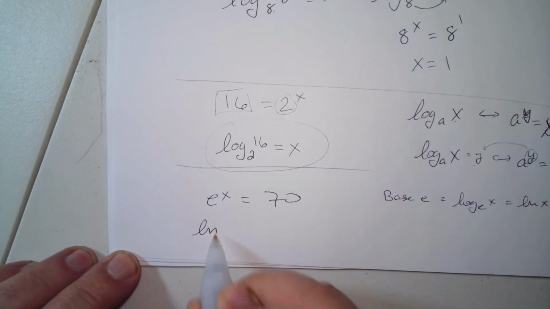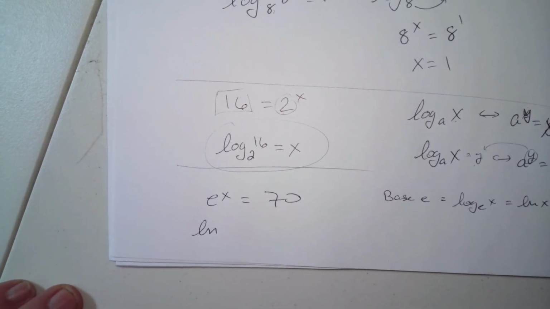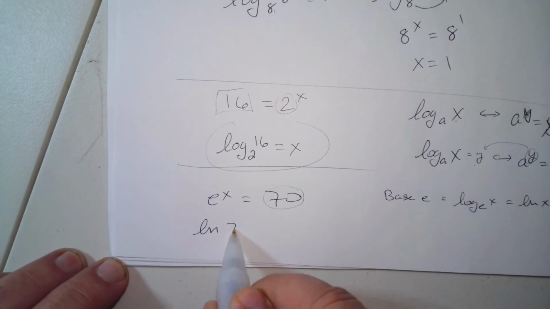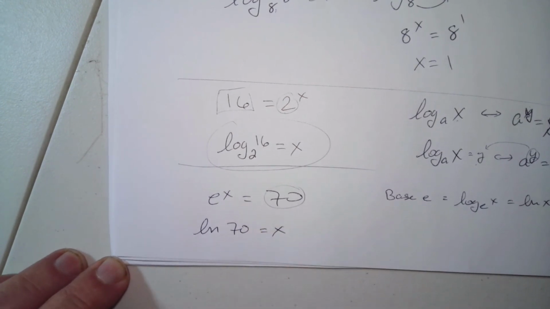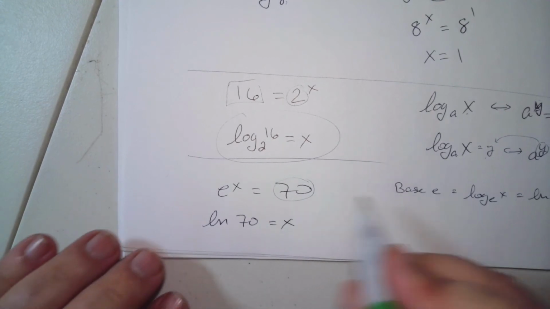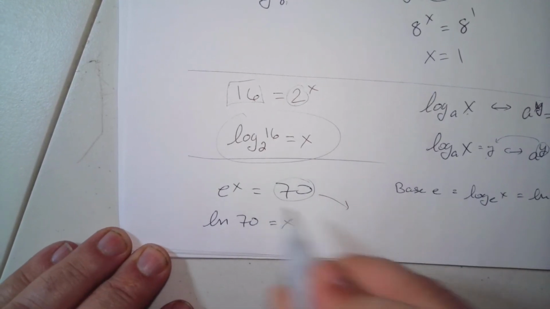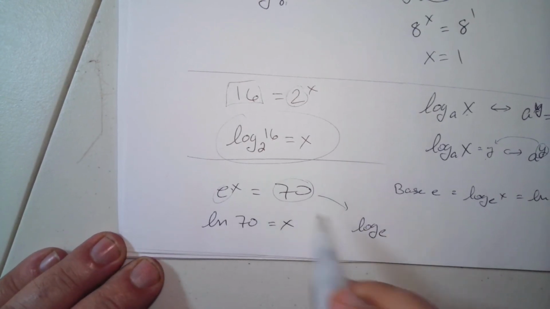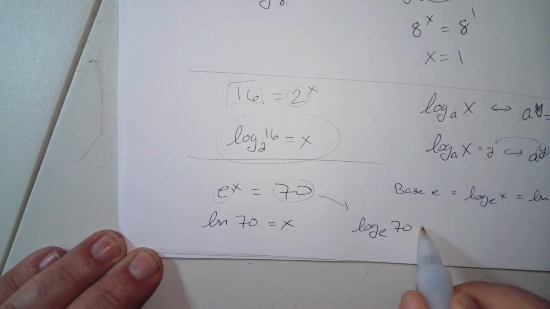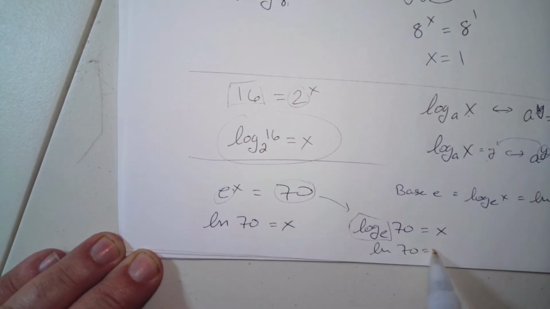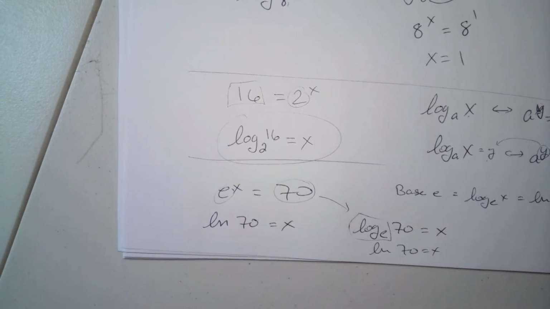So ln of 70 equals x. Or you could have done from here, since e is your base, log base e of the answer equals the equation. Log base e is ln. Either way could have worked.